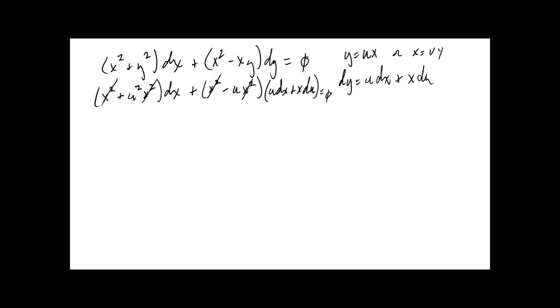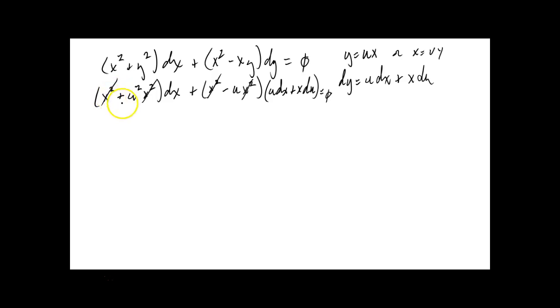Understood, x can't be 0, because you can't divide by 0, but obviously x can't be 0 in that substitution you did. Otherwise, that makes y 0, and that would not be a very interesting problem. 0 plus 0 equals 0, okay? Not very interesting, so that's not going to happen. So x can't be 0. That's the only thing to keep in mind.